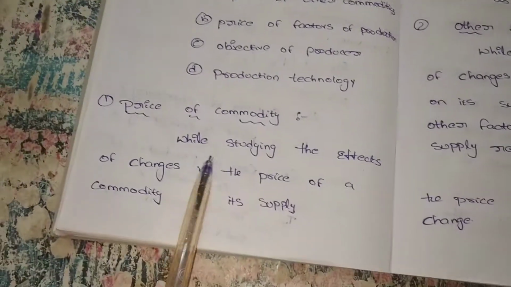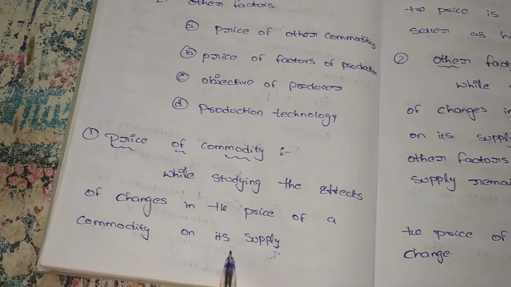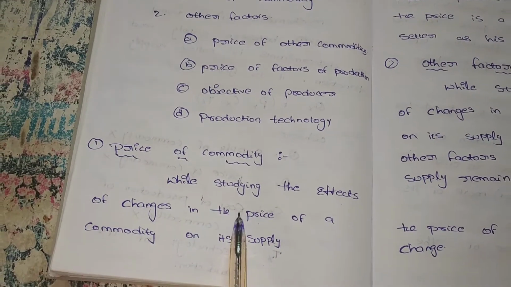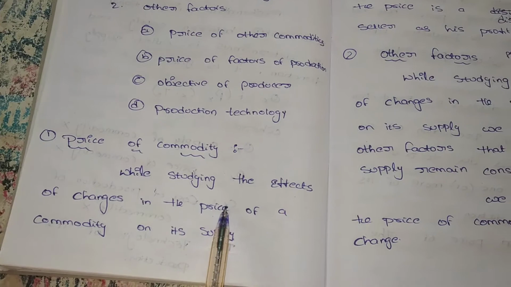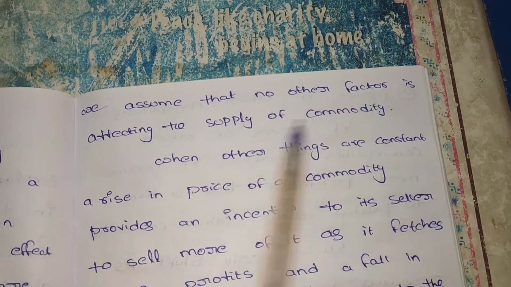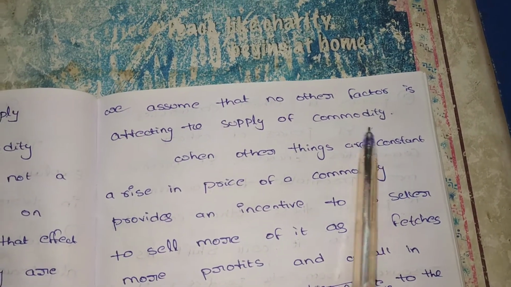I hope you understand. While studying the effects of changes in price of a commodity on its supply, we are studying only the effects of changing the price of a particular commodity. We assume that no other factor is affecting the supply of a commodity. Here all other factors are constant.